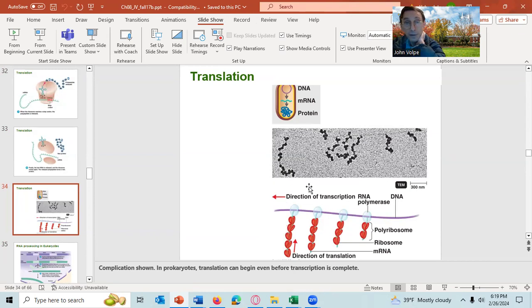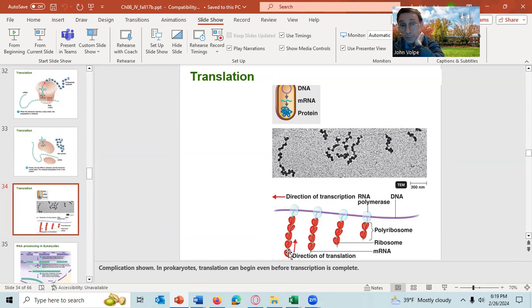This is the actual electron microscopic image. And this complication happens in both prokaryotes and in eukaryotes. You can have more than one ribosome bind to the same messenger RNA.